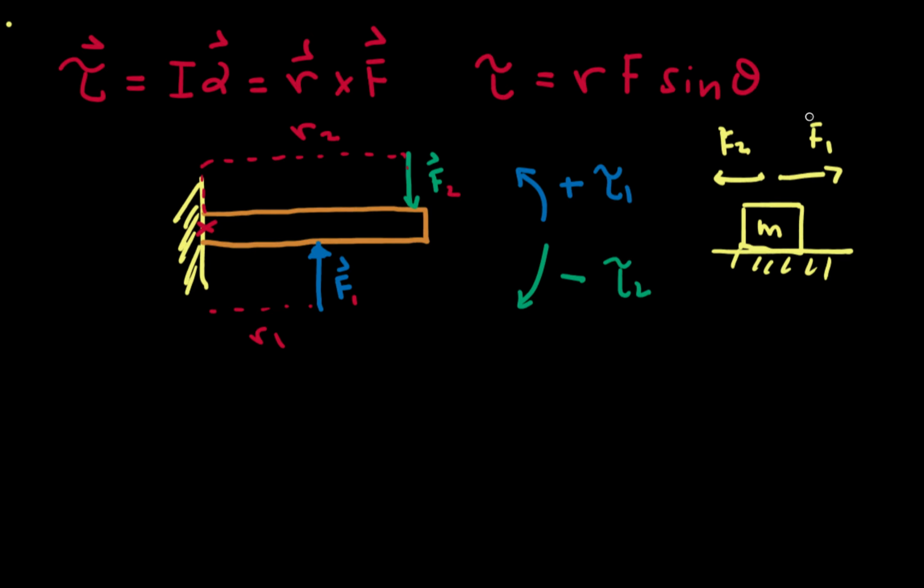Hence, we get to the final statement for torques and rotational acceleration, which means that once you're looking at the changing rotational motion of an object, you can't just pick a single torque. In the same way that if you want to know the change in the translational motion of an object, you cannot just pick one force.